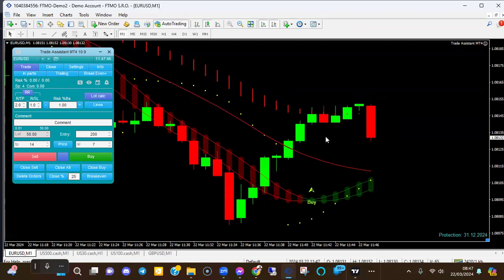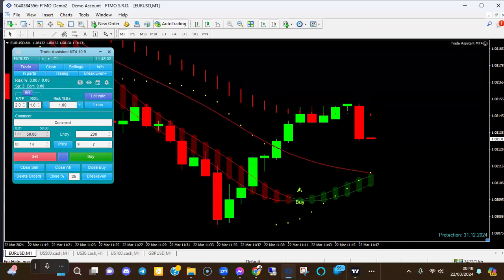See, it's come down to take out all these small imbalances here. There's imbalances here as well. So again, our indicator is keeping us out of trade because we know it did get a green trend line. And indeed, the wave has started to turn red now.